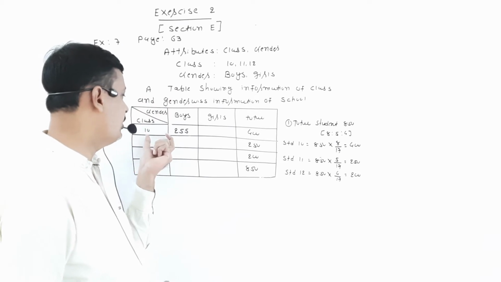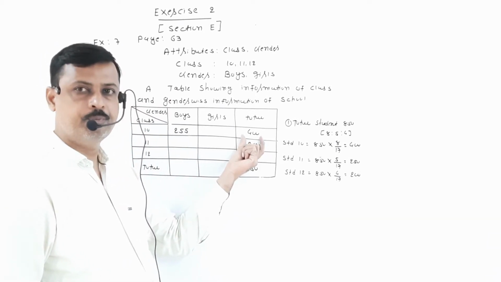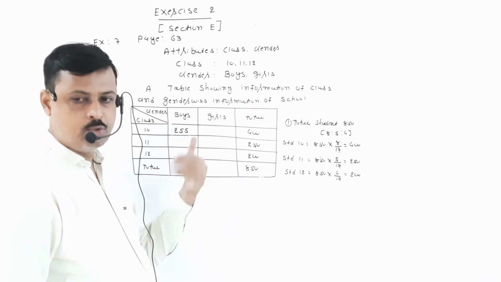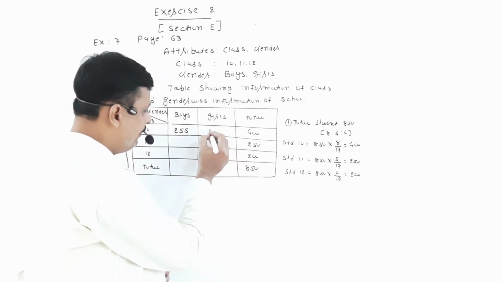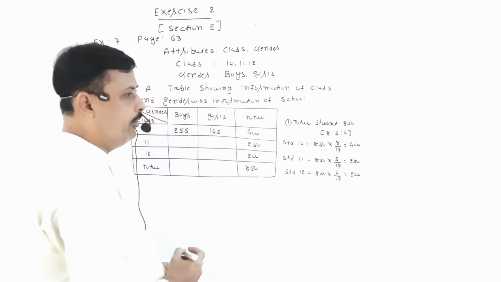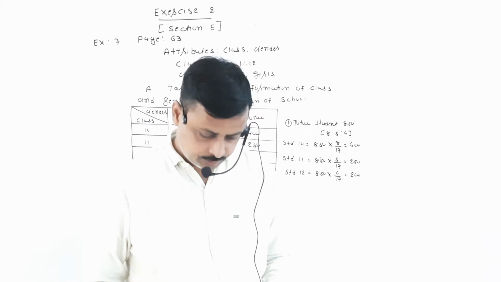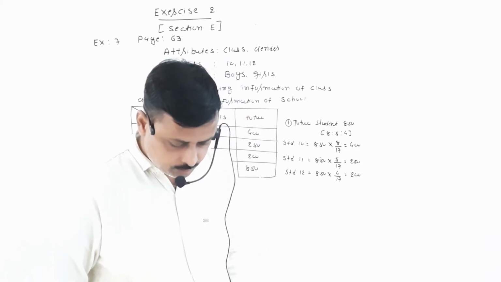Number of students in standard 10, that is 400. And out of 400, 255 are boys. So remaining were girls, 145. Now in standard 11, look.